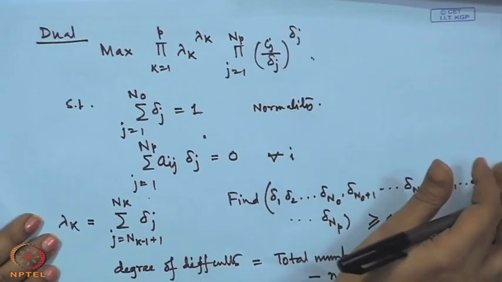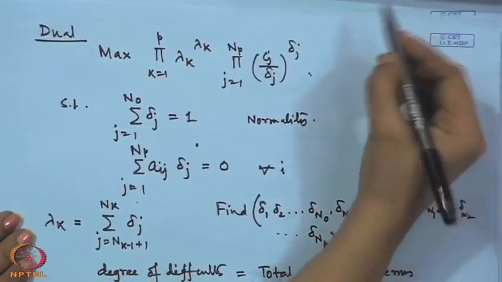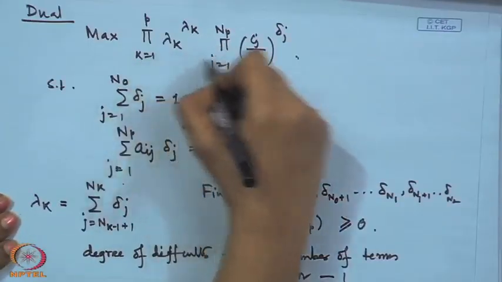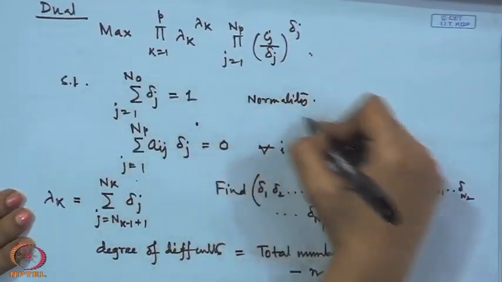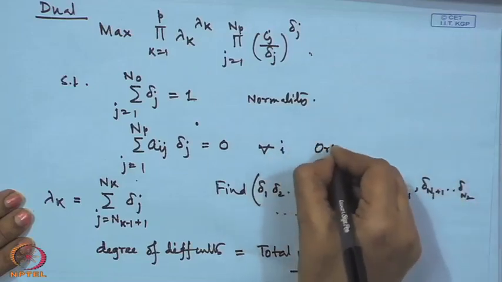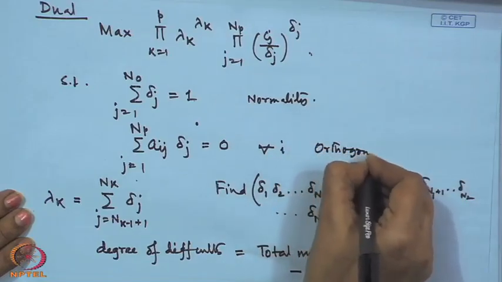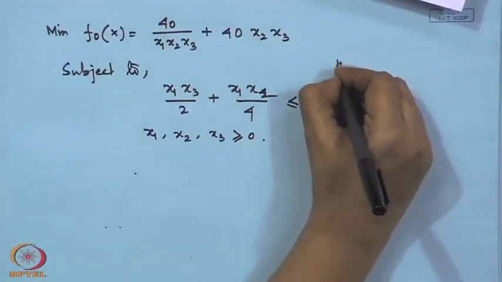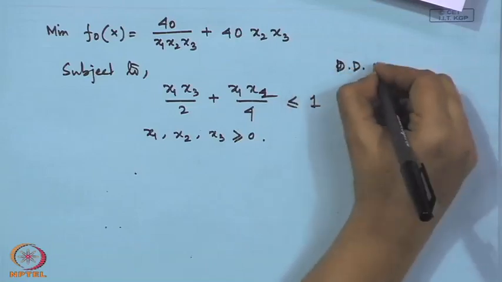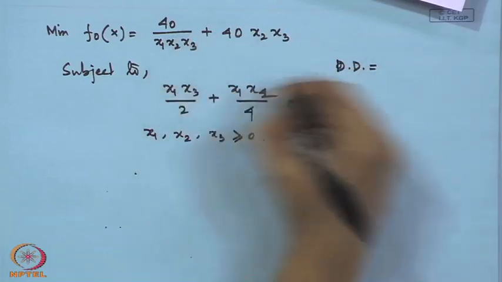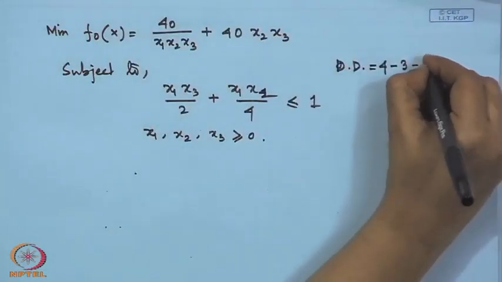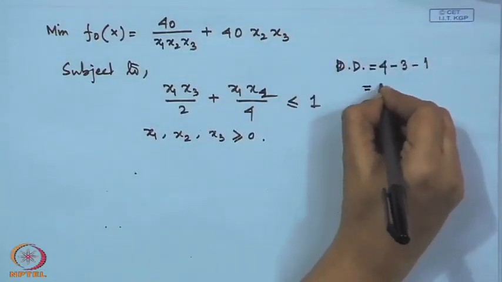Thus, the new problem we have to formulate, that is the dual of the given primal problem, where we will have the objective function in this fashion and we will have the normality condition and the orthogonality condition. First let us find out what is the degree of difficulty for this problem. Here the degree of difficulty equals total number of terms, which is 4, minus number of decision variables 3, minus 1. Thus, the degree of difficulty equals 0.